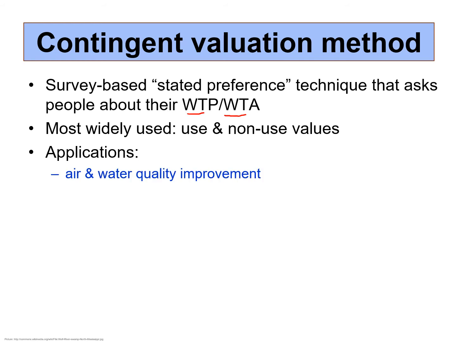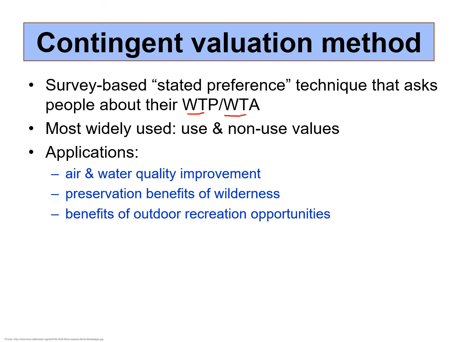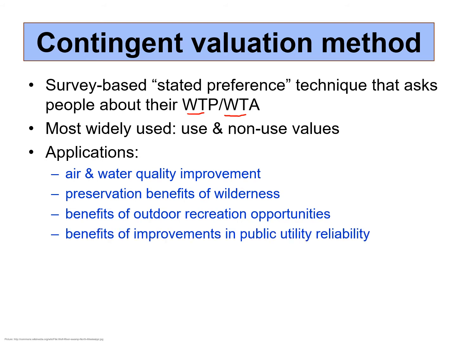So there are a few applications of the contingent valuation method. The first one, it can be used to estimate the air and water quality improvement. It can also estimate the preservation benefits of wilderness. It can be used to estimate the benefits of outdoor recreation opportunities, benefits of improvements in public utility reliability, and to estimate the environmental damages made by companies or anything.